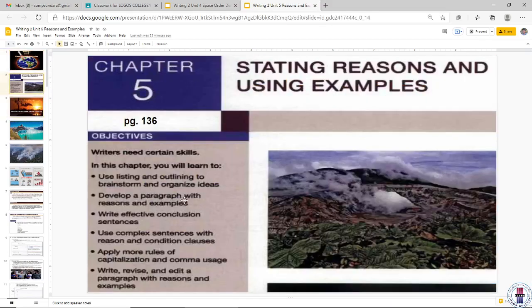So this unit, we're going to talk about developing a paragraph with reasons and examples for support. And you want to write, again, effective conclusions. We're going to talk more about complex sentences, use rules of capitalization and more comma usage, or more rules of commas. And then we're going to write, revise, and edit a paragraph with reasons and examples.